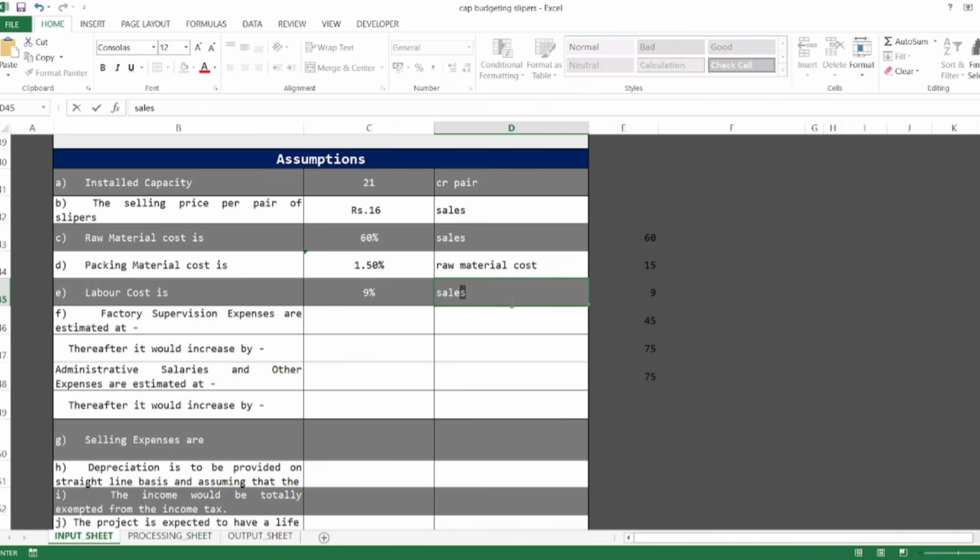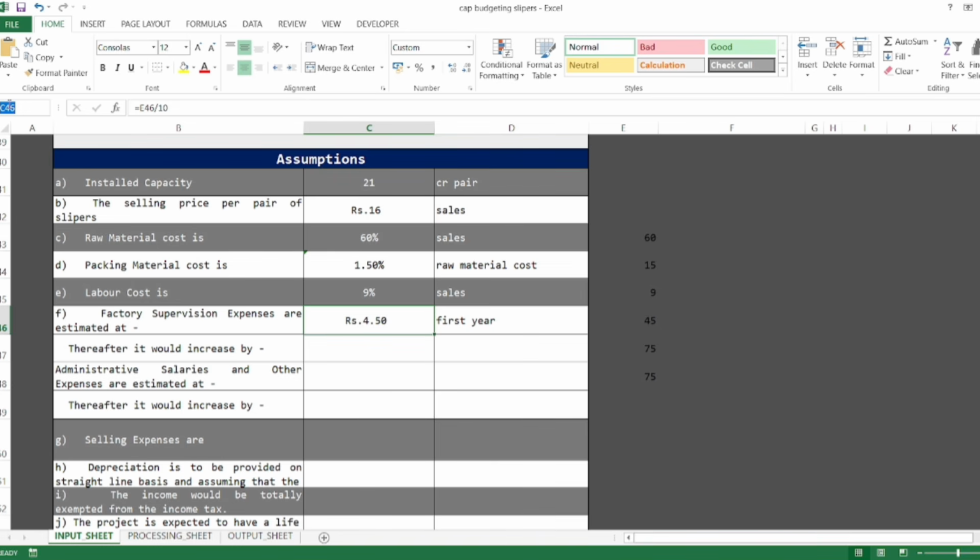Now for factory supervision expense. For the first year, it has been 4.50. So equals to, select E46 divided by 10, we'll get 4.5 for the first year. This has been given, and for next year it would be increased by 0.75.